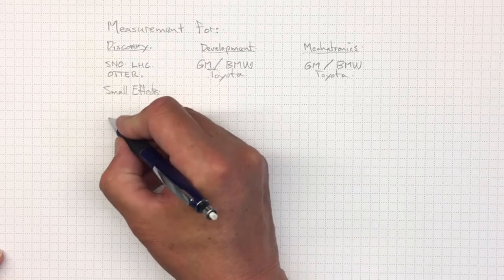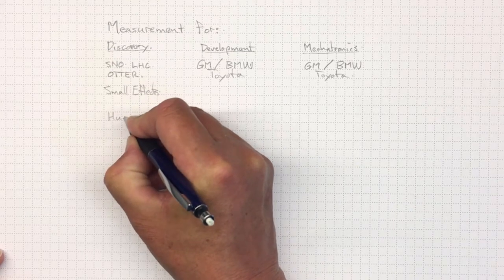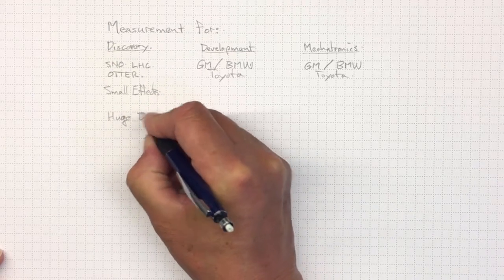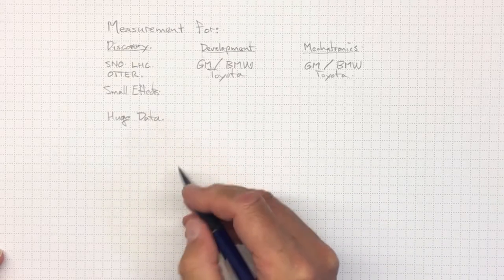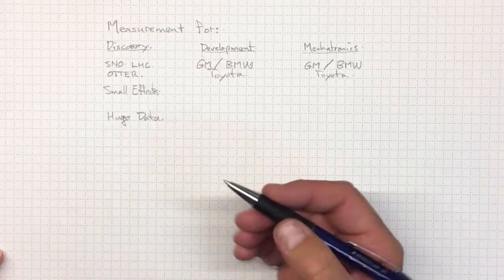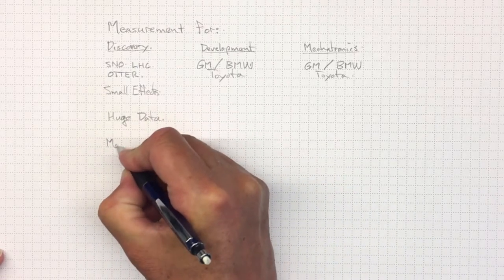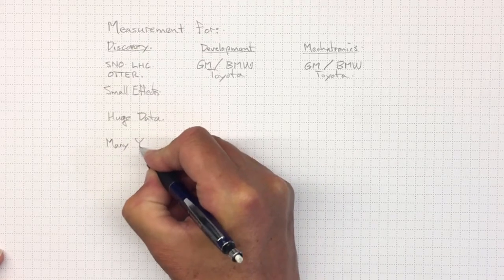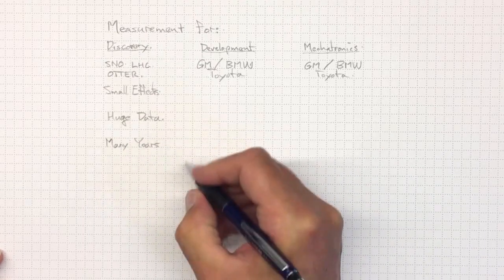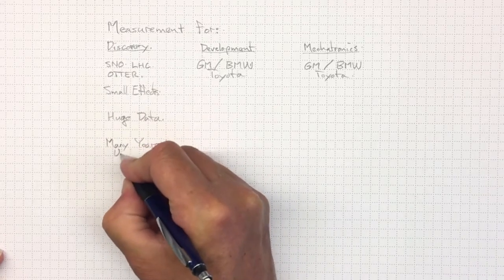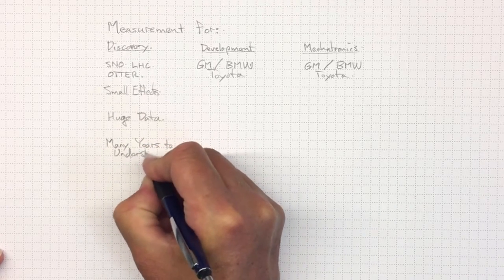To detect those small effects, we're going to need to take huge amounts of data, and we're going to have to spend quite a long time examining that data, often many years, to get us to a point where we understand something.